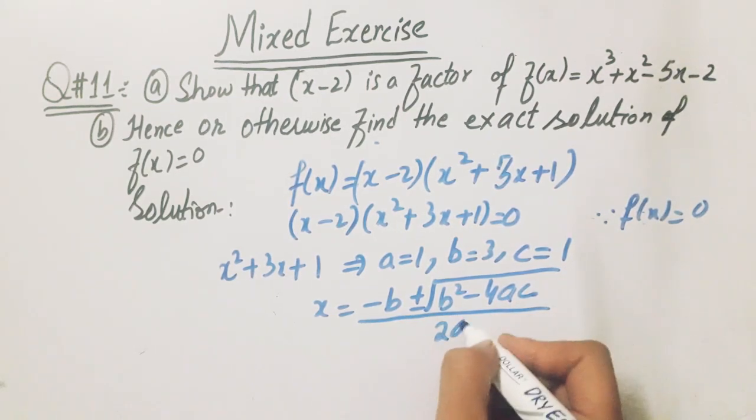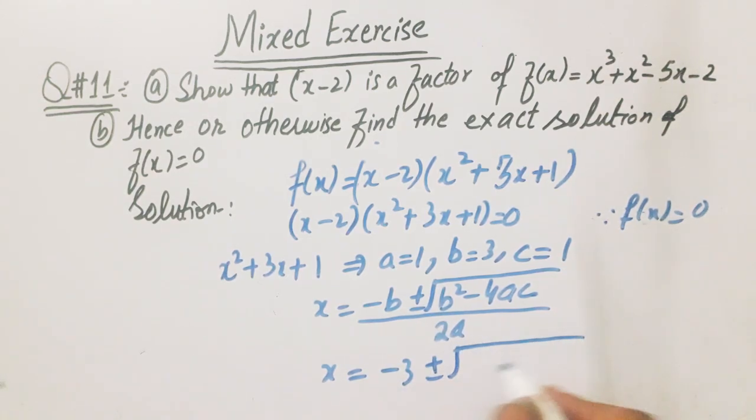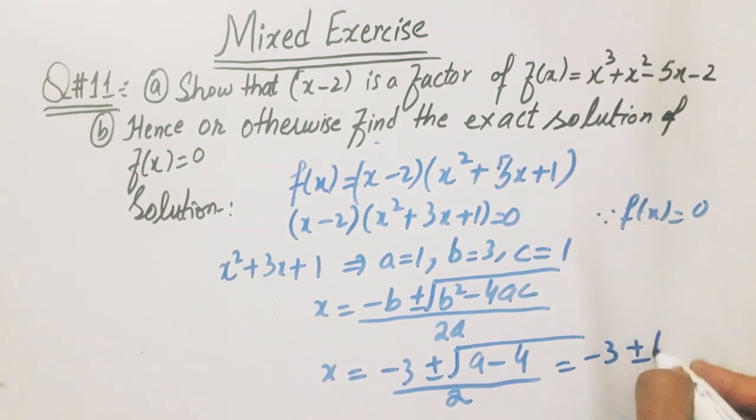This is the quadratic formula. So x will be equal to minus b, which means minus 3, plus minus b square, which means 9, minus 4, over 2a, which means 2. So this will be equal to minus 3 plus minus square root of 5 by 2. So this is the value of x.